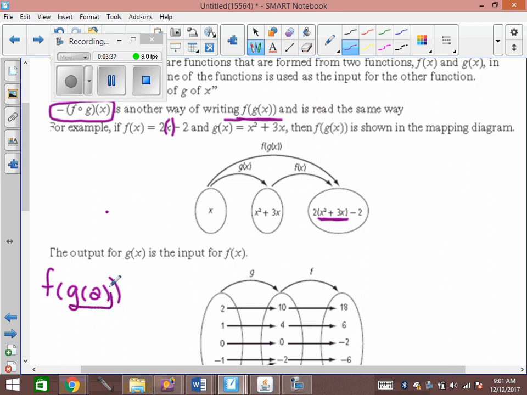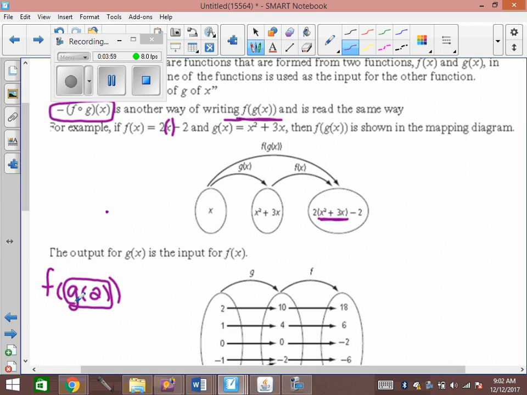Put 2 into the g, get an answer. Then put that into f. That's it. So this says the output for g of x is the input for f of x. That makes sense, right? The output for g of 2 would actually be what you're going to input into f. So what your answer is here, you input into f. Does that make sense?